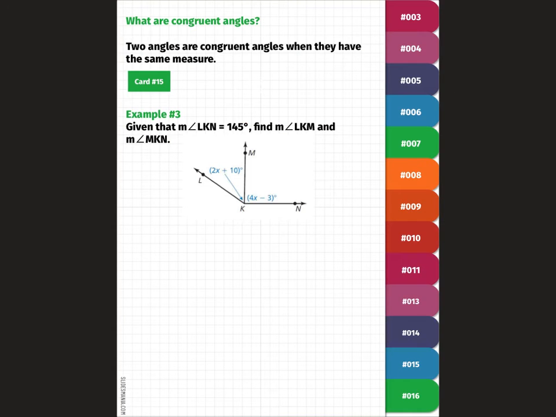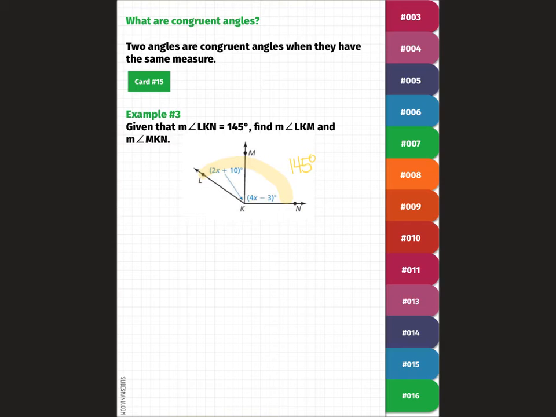Example number 3 says that given the measure of angle LKN is equal to 145 degrees, find the measure of angle LKM and the measure of angle MKN. The one thing that is not on our picture is the measure of LKN, so we're going to make that mark and say that it is equal to 145 degrees. Okay, so we can use the angle addition postulate.